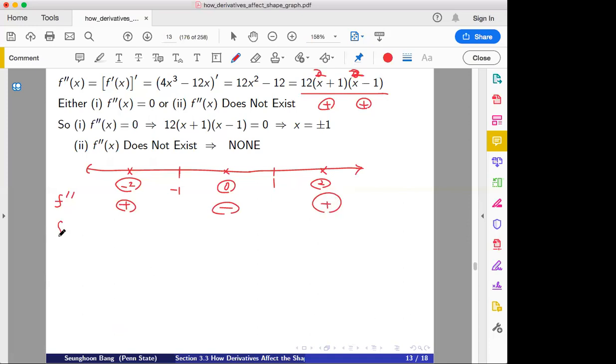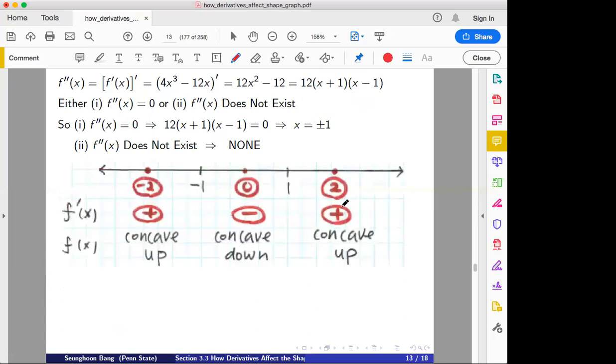So what's it like for f? The positive second derivative, concave up. The negative second derivative, concave down. So we have concave up on this interval: minus infinity to minus 1, and 1 to infinity, 2 intervals.